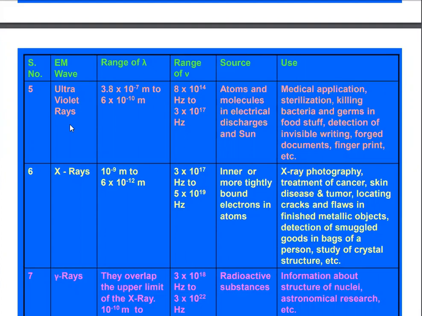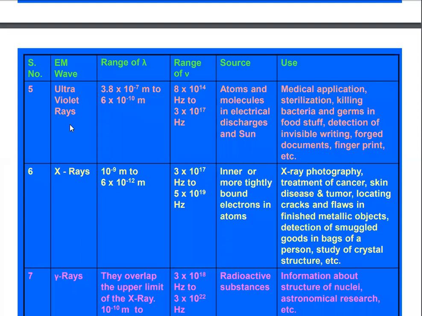It is a component of the electromagnetic spectrum ranging in wavelength from 3.8 x 10^-7 meter to 6 x 10^-10 meter. Its frequency ranges from 8 x 10^14 hertz to 3 x 10^17 hertz.